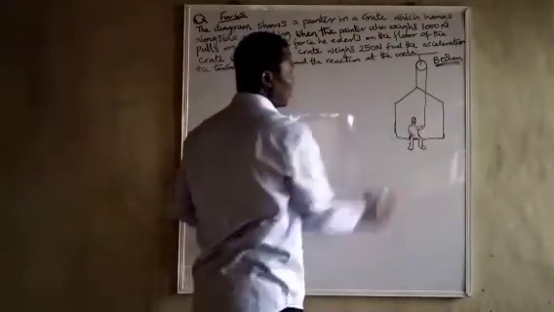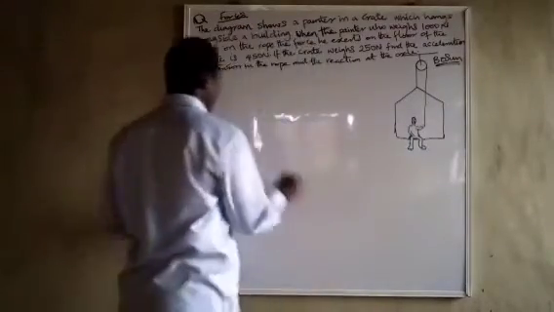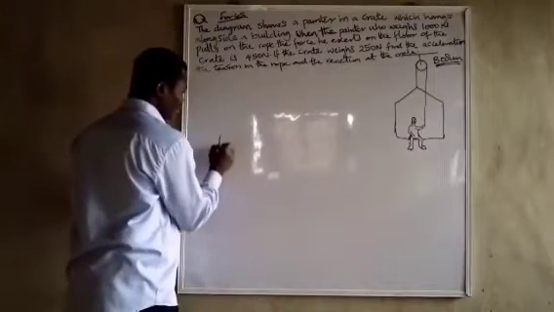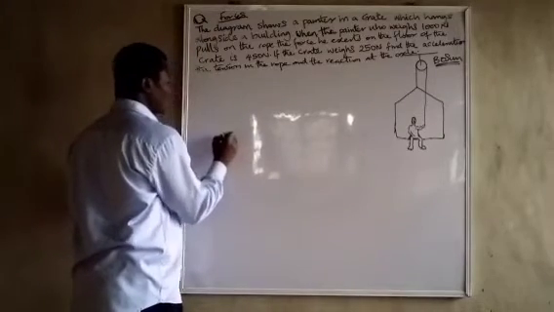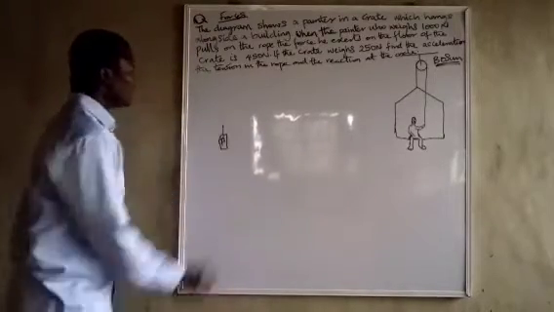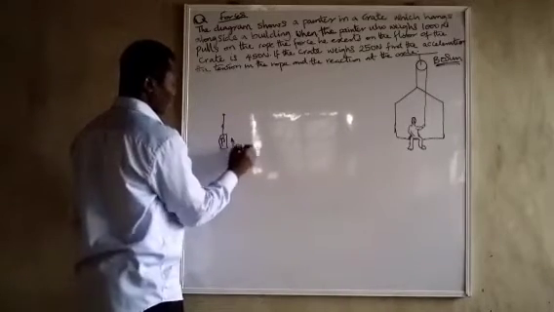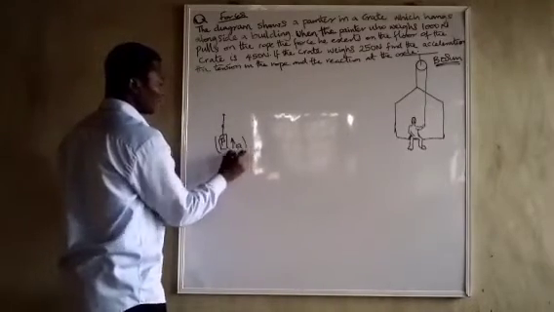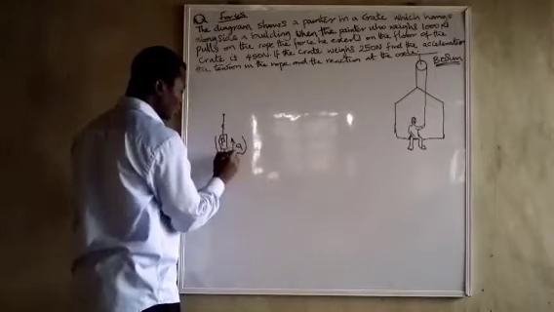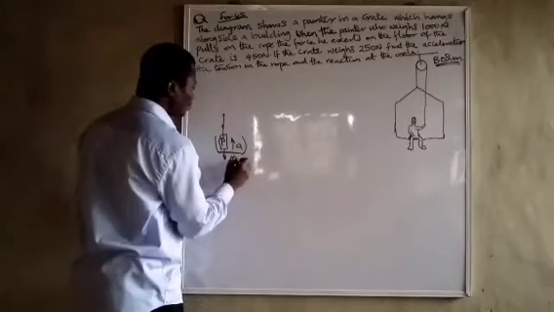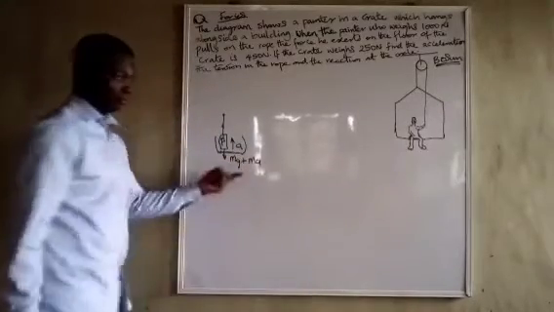Let's first of all consider the first diagram on the painter. This is the painter. He's holding on this rope, T, and he's moving with acceleration A. So the total force that is supposed to be exerted on this place is Mg plus Ma.